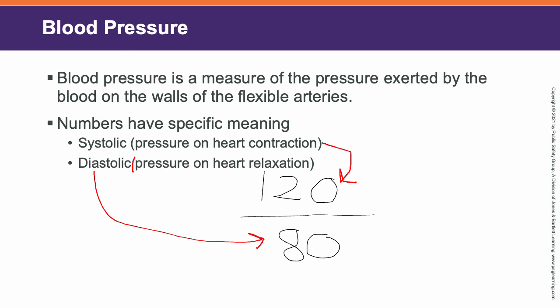You need to write 120 over 80. Lower than that, to a certain extent, is normal. Higher than that, we're starting to become borderline high blood pressure, but just around this number is normal for an adult at rest. Okay?